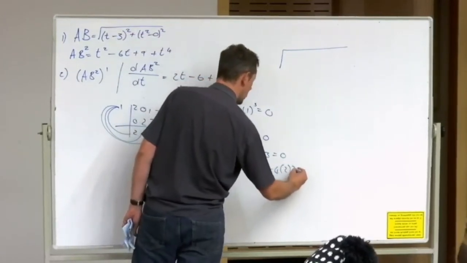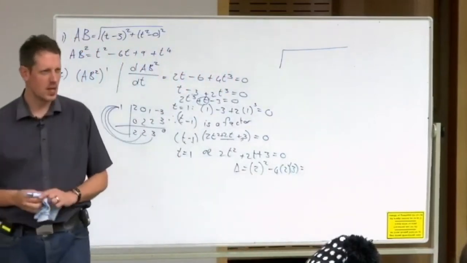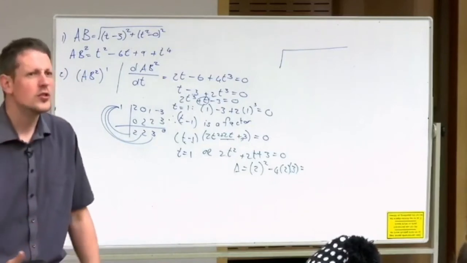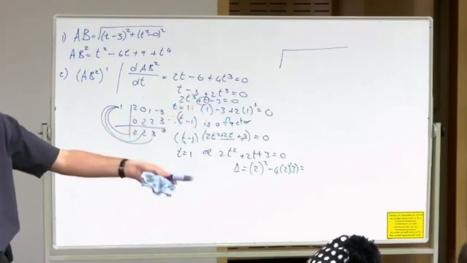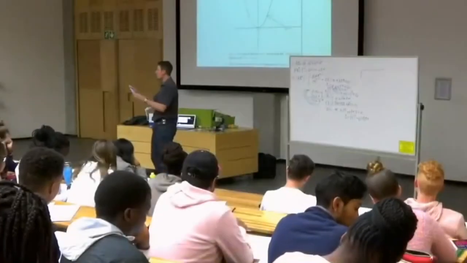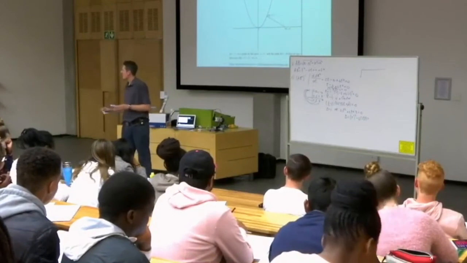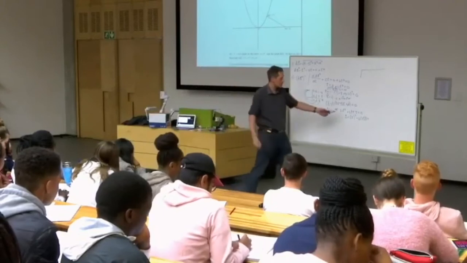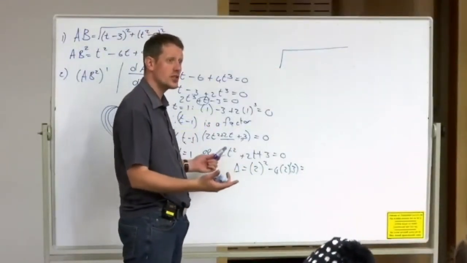Now you guys are going, but sir, why would you go towards delta? Because I want to know, is it actually worthwhile doing the whole big formula? So I calculate delta. If delta is positive, I know I'm going to get real answers. If delta is negative, it's not even worth trying to solve this, because there's not going to be real values for this answer.